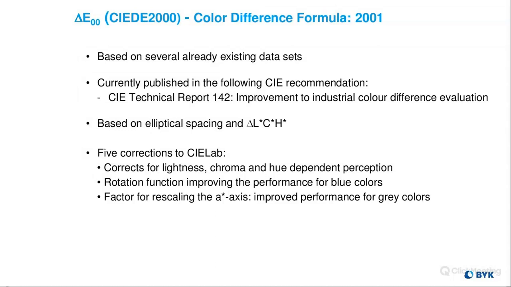It's currently published in the CIE Technical Report 142, and it's based on the elliptical spacing of delta L, C, and H, just like the other equations. What's different in this one is it has 5 corrections. It corrects for lightness, chroma, and hue-dependent perception. But it also introduces a rotation function that improves the performance for blue colors, because we see blue differently than other colors. And it has a factor for rescaling the a star axis for improved performance of gray colors.